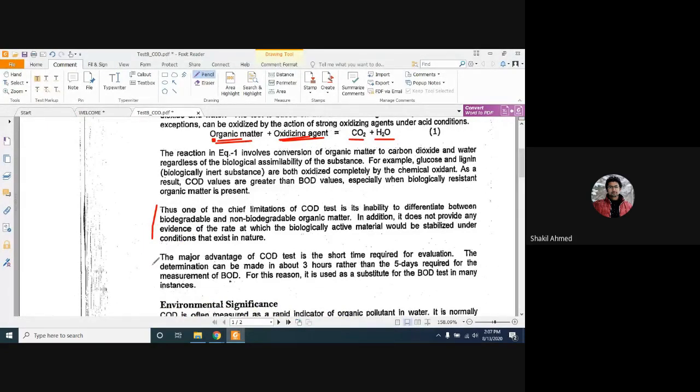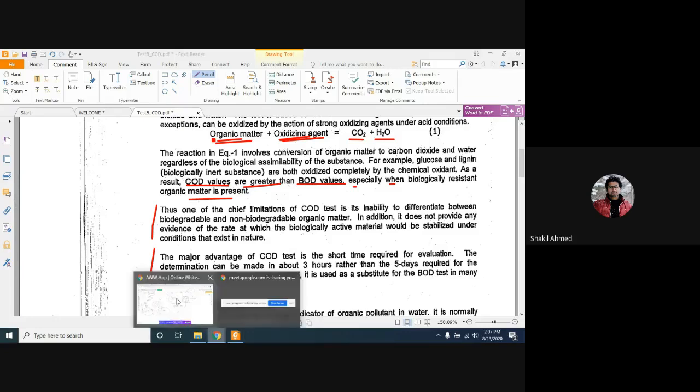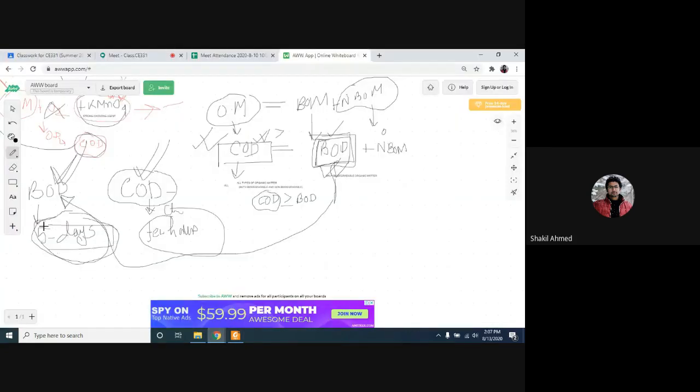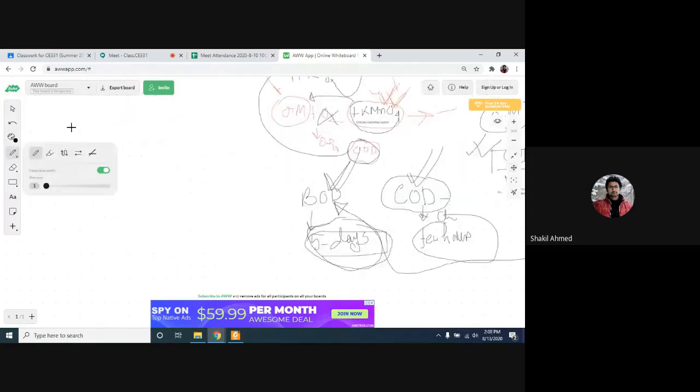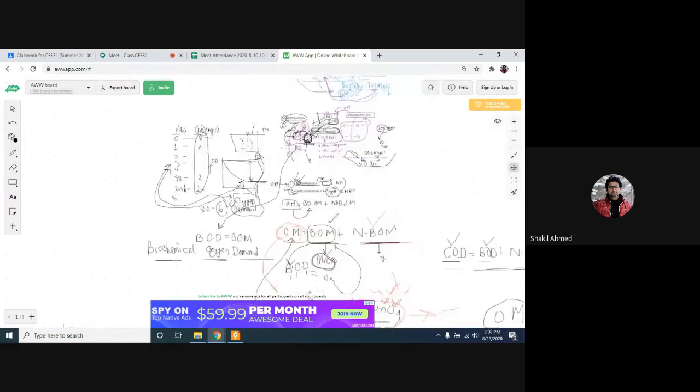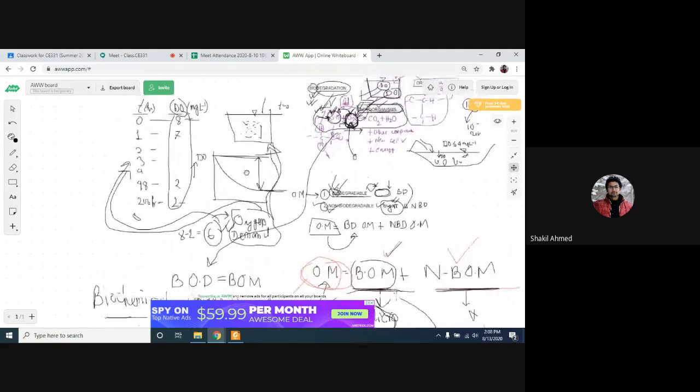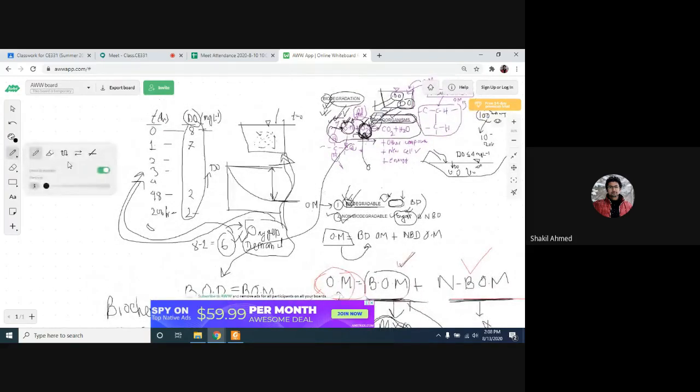Very important for your exam. Read this very carefully. COD values are greater than or equal to BOD values, especially when there are biologically resistant organisms. Okay? By the way, why do we say 5 days? If you look at this graph, remember this graph?